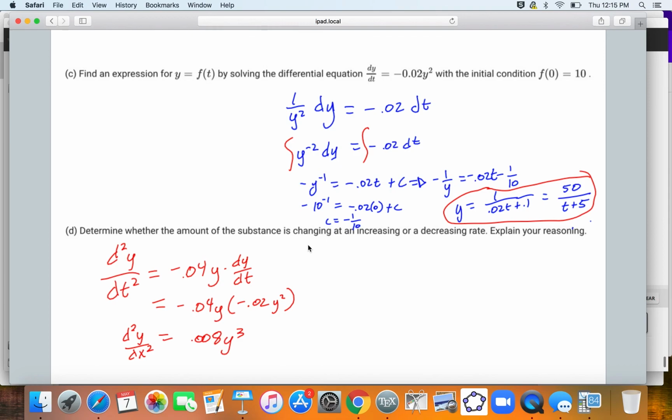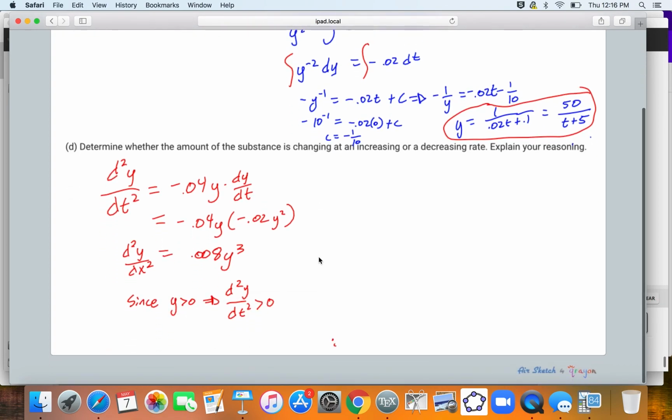And so I can say, since y is positive, our second derivative will also be positive. And we can say, therefore, the substance is increasing at an increasing rate.